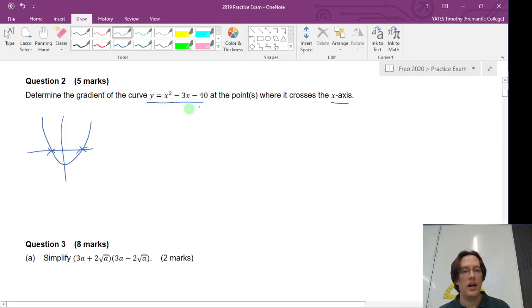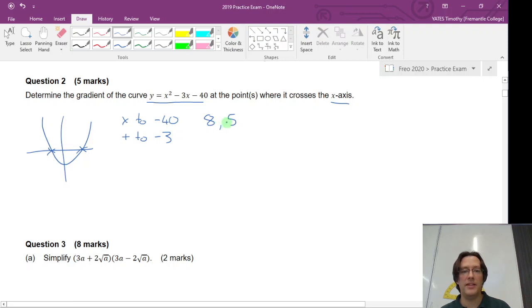So when we've got an equation like that, we want to factorize it. And to factorize it, we need to find out what 2 numbers multiply to -40 and add to -3. So you can start listing factors of 40, but it's pretty obvious here that we've got 8 and 5. 8 times 5 is 40.